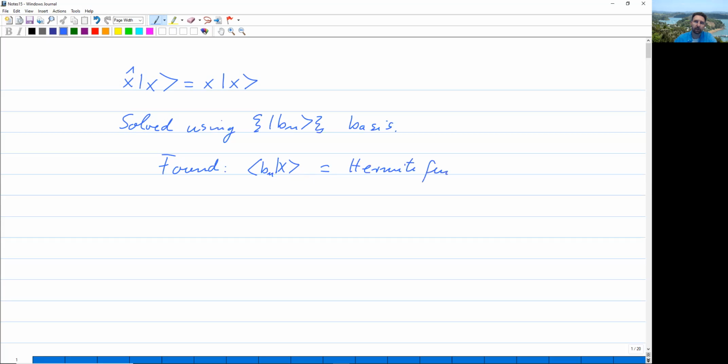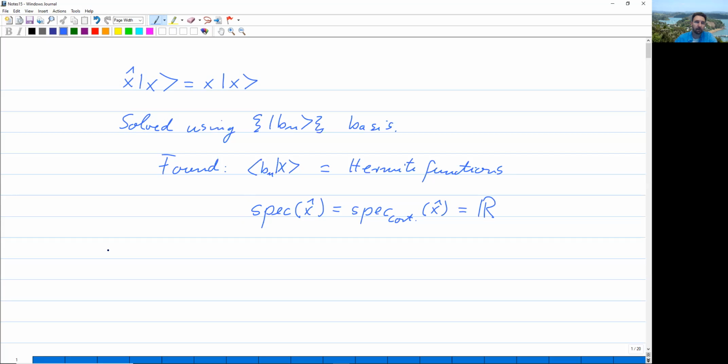It doesn't matter exactly how they look at the moment. And we also found that the spectrum of the position operator is only continuous. So it's the continuous part of the spectrum. There is no point spectrum, and it is the real line.